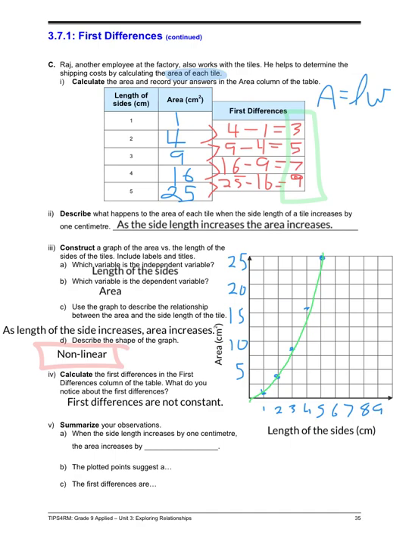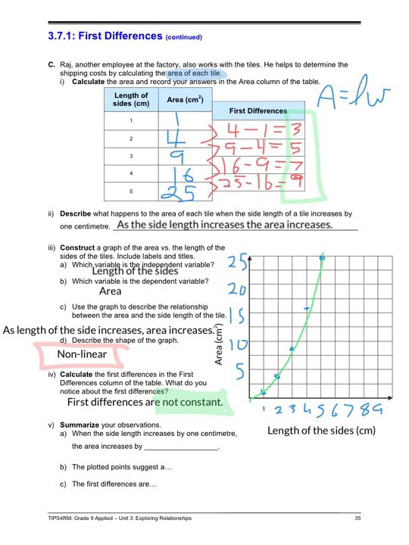A nonlinear graph is going to give you first differences that are not constant. So, because our graph is nonlinear, we should expect to get this answer. Just like in the other two examples, when we had linear graphs, we did get constant first differences.